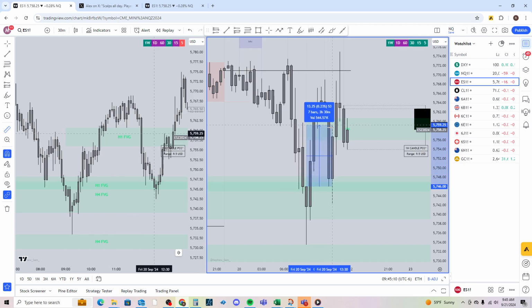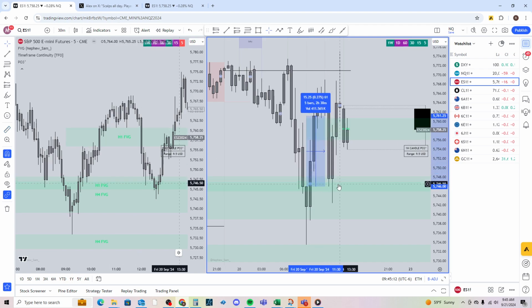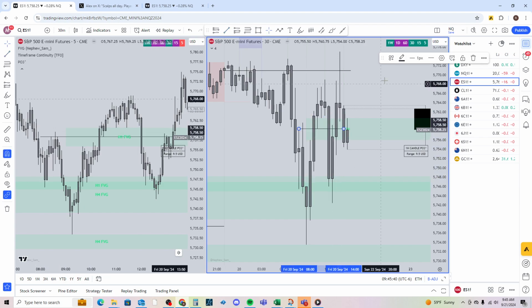Get in here for 15 points. So that's an issue, right, with the strategy. 13-point loser. Still, winner's bigger than the loser, but there's ways to keep your stops tight enough to where if this thing triggers, let me just see what this looks like anyway.